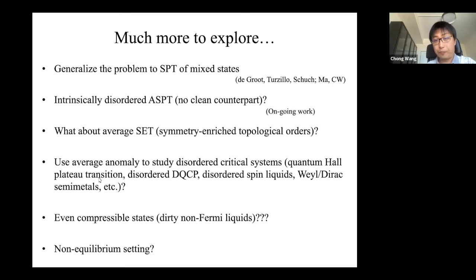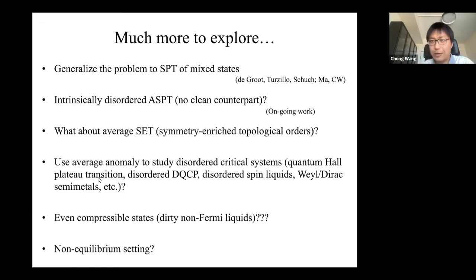So it's natural to ask: does the average anomaly provide an equal amount of insight for disordered critical systems? Things like quantum Hall plateau transitions, disordered spin liquids, disordered deconfined critical points, Weyl or Dirac semimetals. These are not completely academic questions either, because any real system does have plenty of disorder. So it's a question that one should think about, even just pragmatically.